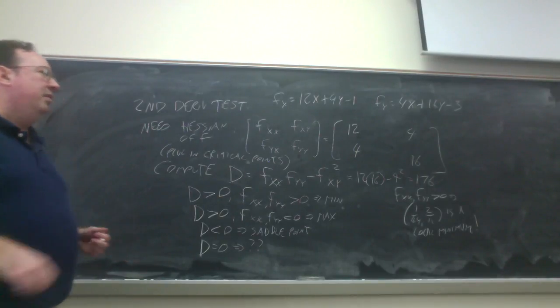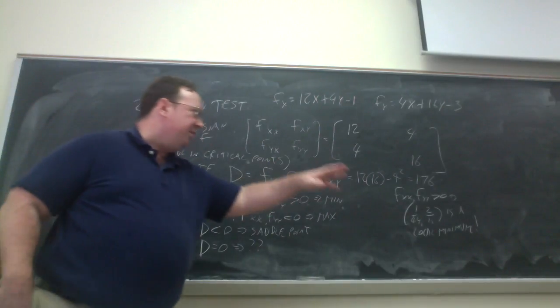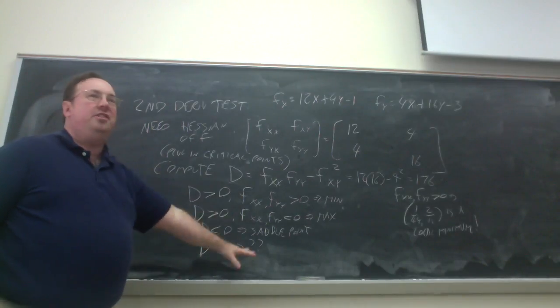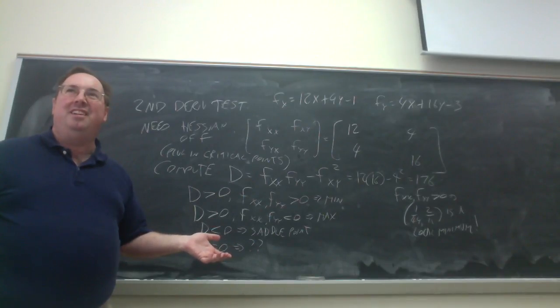And I will say for purposes of a test, if a function has multiple critical points, of course, for full credit, the idea is to find all of them and classify them properly. But again, I do give partial credit, and if you show me that you understand the process of finding a critical point and going through this process of classifying as maximum and saddle point, that's worth a lot of credit.